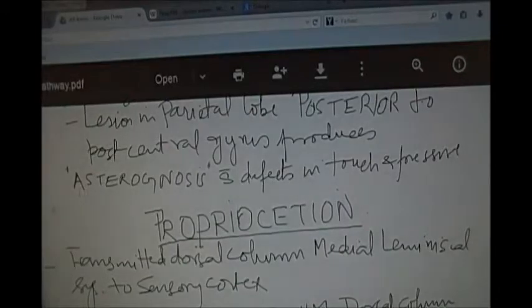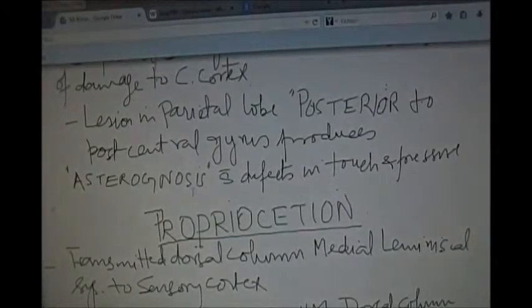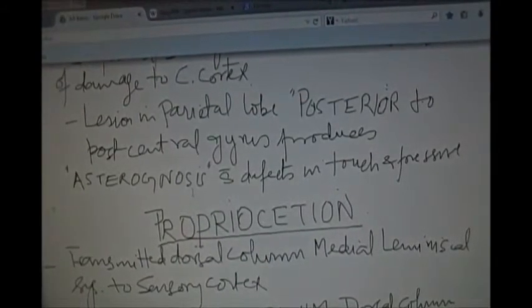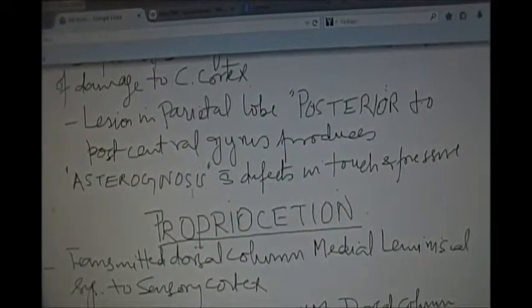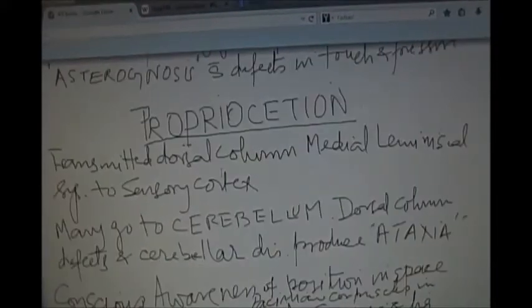This is known as astereognosis and is a feature of the lesion in the parietal lobe posterior to the post-central gyrus.